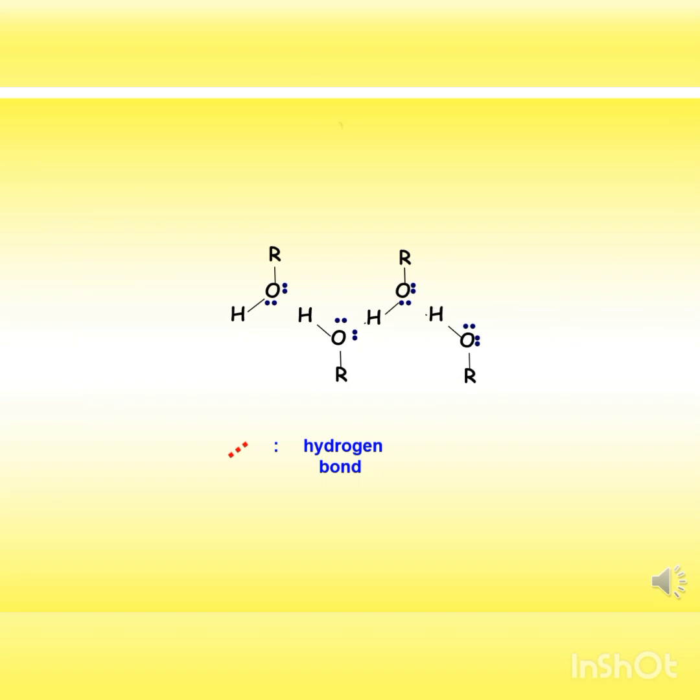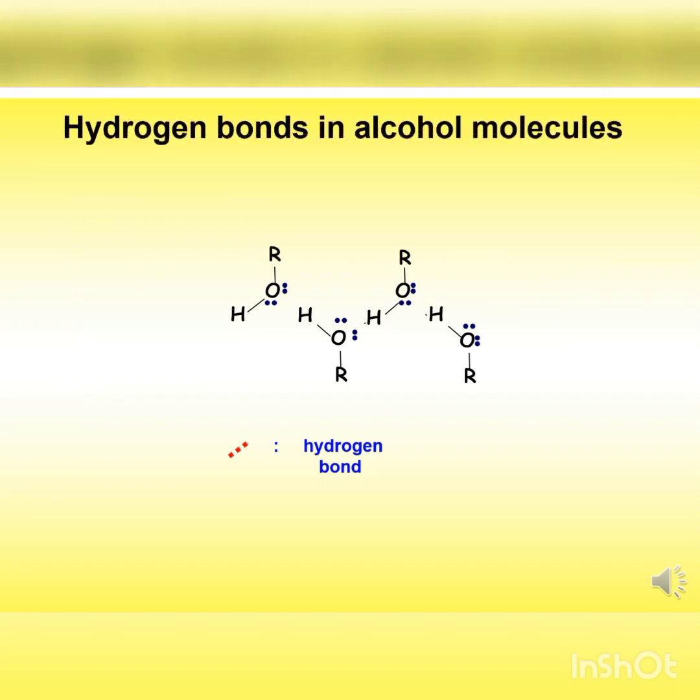As you can see here, one alcohol molecule will interact with other alcohol molecules with the dotted line. The red dotted line is known as a hydrogen bond.